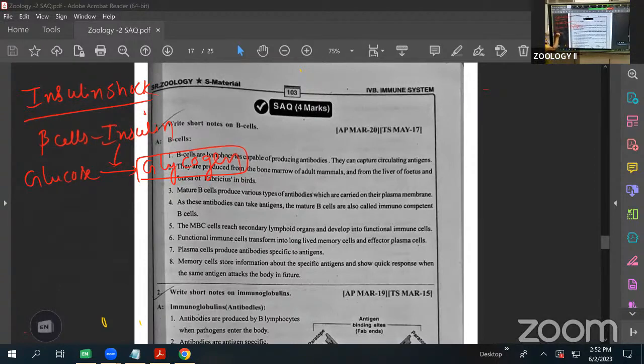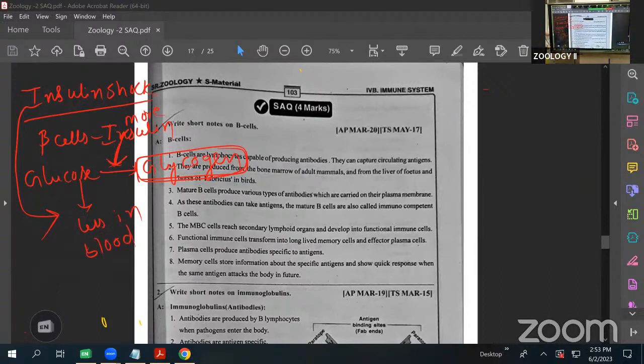Now we discuss insulin shock. It is caused by an excess of insulin. When more insulin is released from the pancreas, more glycogen is formed and the glucose level in the blood becomes low.